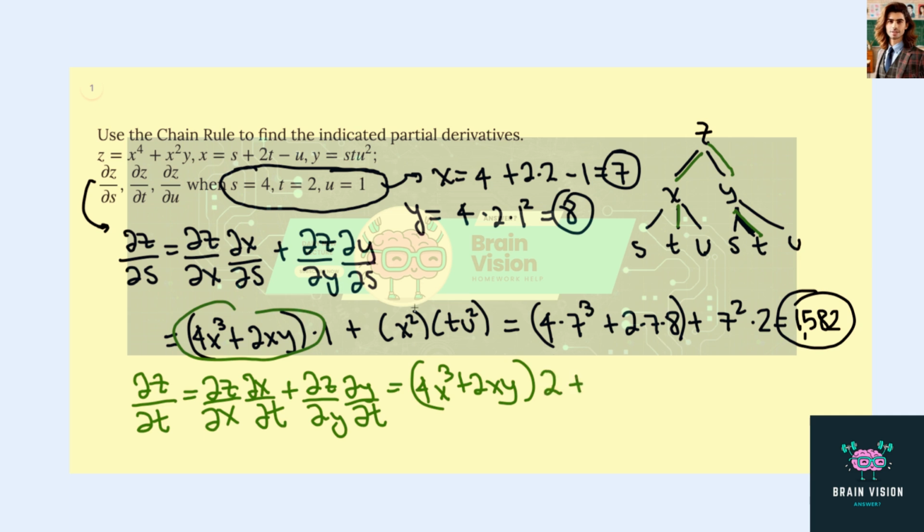Derivative of z with respect to y, we did this already. That's just x squared. And then derivative of y with respect to t, that's su squared.